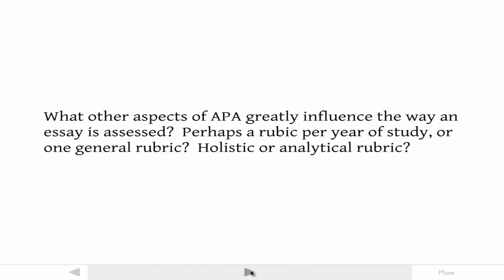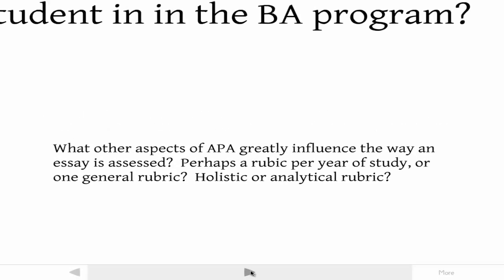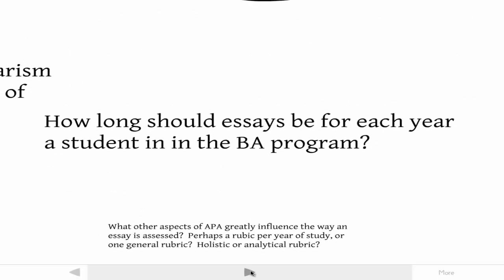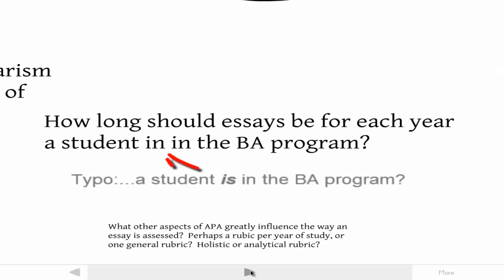What other aspects of APA greatly influence the way an essay is assessed? We might use a rubric, and that rubric might be holistic or analytical. It might be the same throughout the curriculum, or it may be different, as we mentioned before, based on the year of study. How long should essays be for each year a student is in the BA?